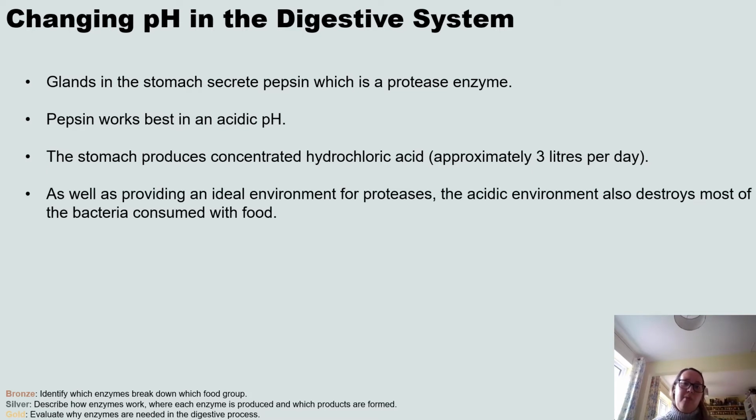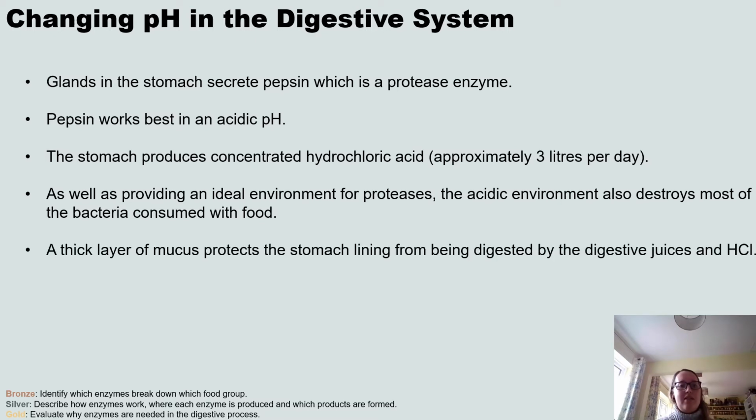As well as providing an ideal environment for proteases, it also destroys most of the bacteria consumed with food because of the high acidity and the environment of the stomach. So a thick layer of mucus protects the stomach lining from being digested by the digestive juices and the hydrochloric acid.